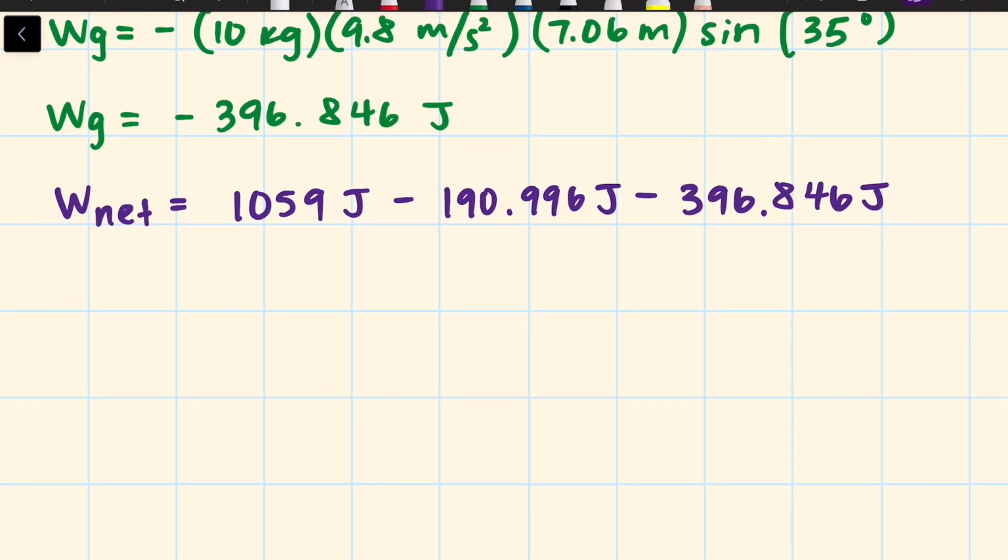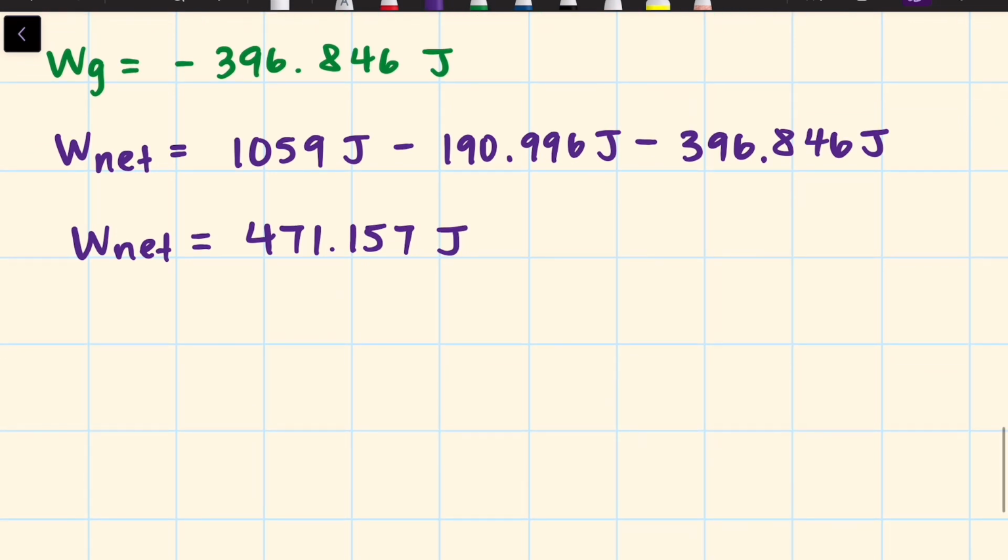And we combine all those, so the net work is equal to 471.157 joules. And because the net work is equal to the change in kinetic energy, then the change in kinetic energy is just the same thing. And that's it.